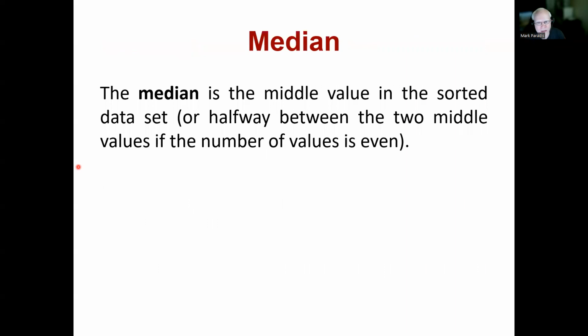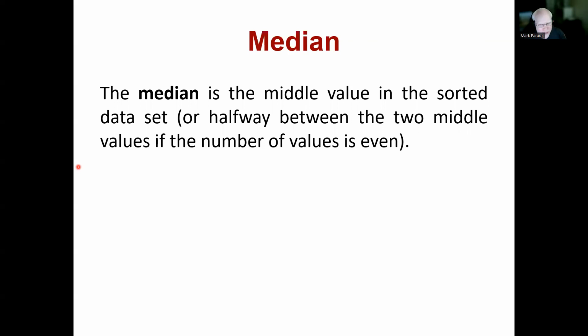So the median is the middle value in the sorted data set. When you calculate the mean, you don't have to put your data in order from smallest to largest. When you're calculating the median, you always have to start by putting your data in order from smallest to largest.